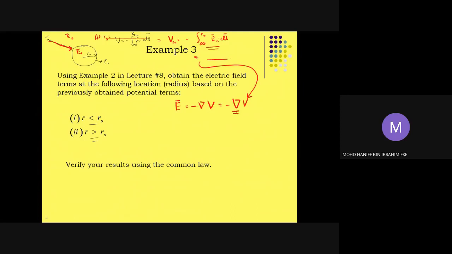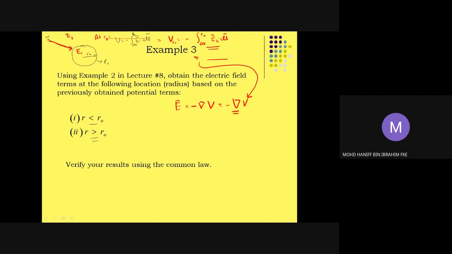The gradient needs to be based on the spherical system of coordinates. I don't want to do this in detail. I'm hoping that you can try to solve this first on your own, just to test that you understand the method of gradient.